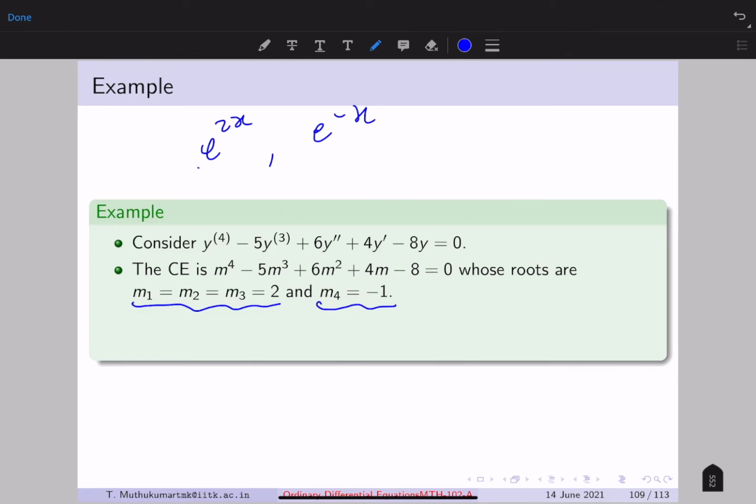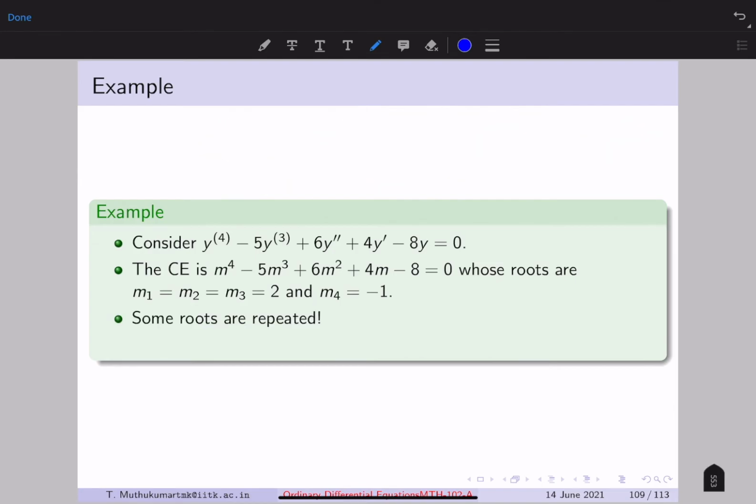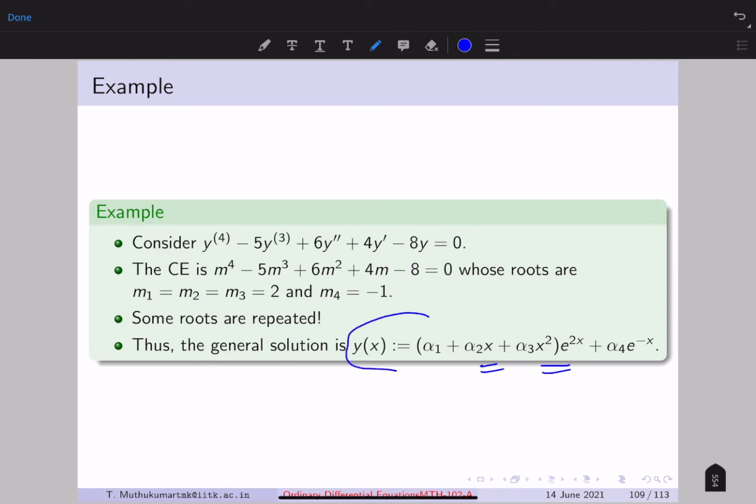So corresponding to e power 2x, you put x e power 2x and then one more, which is x square e power 2x, because you need a total of 4. Now you have 4 linearly independent solutions. So 3 roots are repeated, so you add x e power 2x, x square e power 2x, and take a linear combination of that.